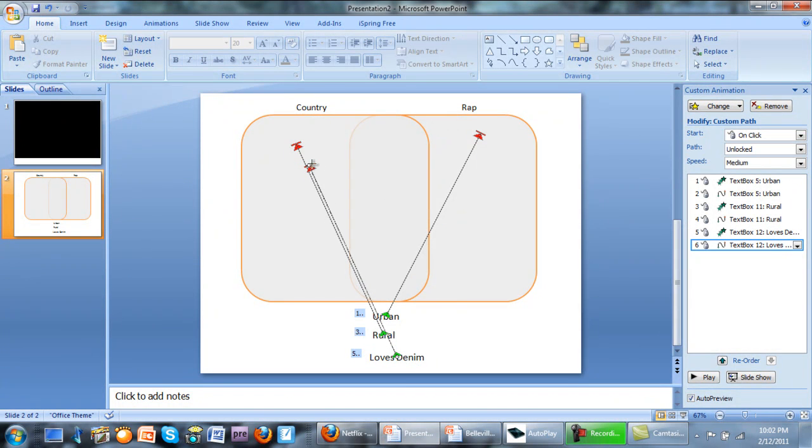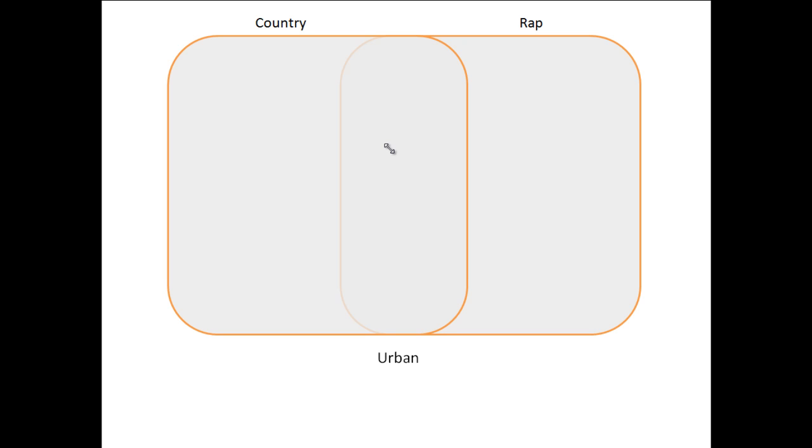And I'll move the end handle there. And I think we're done with our Venn diagrams. Check it out. There's urban to the top right, rural to the top left, and there's loves denim as a comparison.